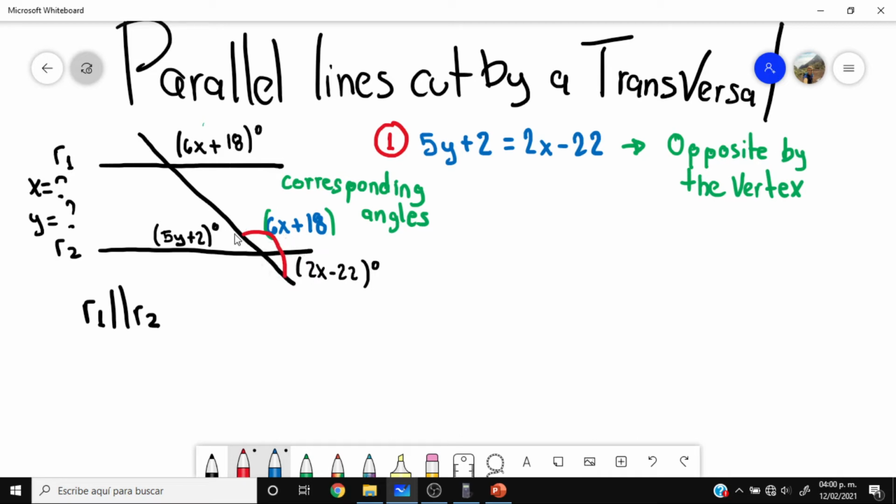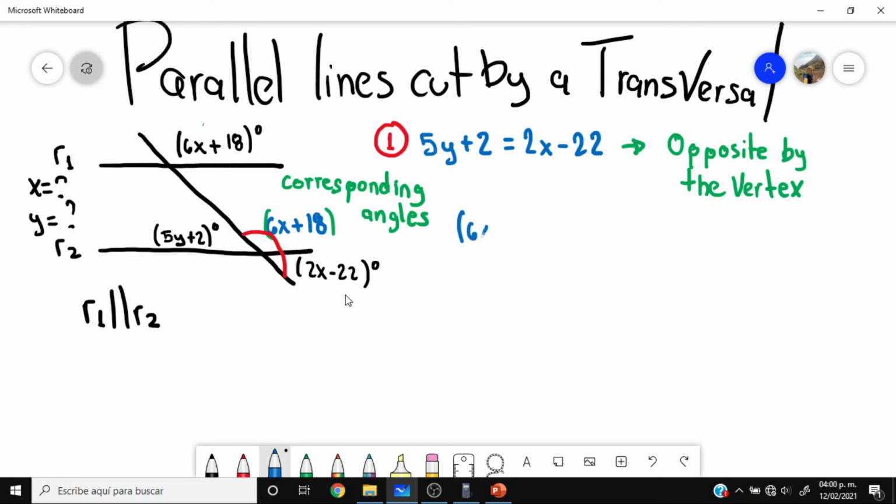I hope you're watching this, because these are two adjacent angles. Two adjacent angles are the ones that share a side over here. And I hope you're watching this line is a straight line, and a straight line makes a flat angle that is 180 degrees. So that's the one that I'm going to write.